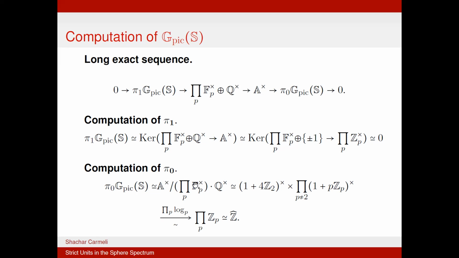And it turns out that this action of this product of two groups has a fundamental domain, which is the following. We take elements which are 1 mod 4 at the 2-adic component and elements which are 1 mod P at every other prime. And the reason for this 1 mod 4 condition is exactly to eliminate this plus minus 1 here. So this is a fundamental domain, so it is just isomorphic to the quotient.